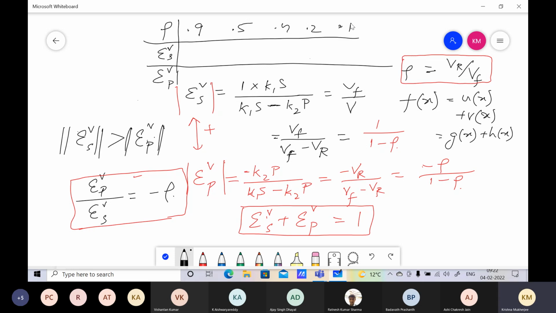What is EV by S? 10. EV by P? Minus 9. Obviously, because this is the basic equation that has to hold: this plus this is equal to 1. 10 minus 9, and at 0.5, what will it be? 2.